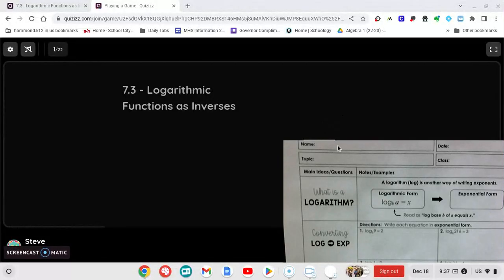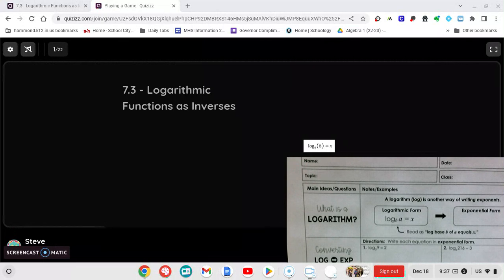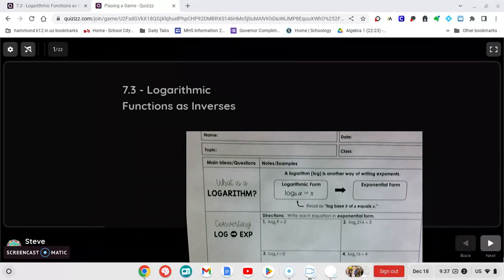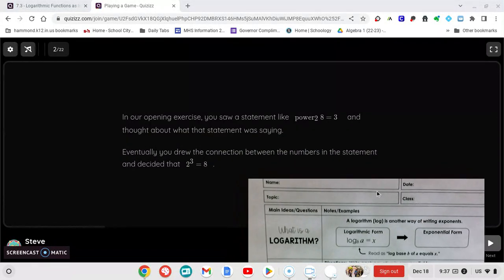So let's go ahead and take a look at section 7.3, the notes for logarithmic functions as inverses. As part of our opening exercise, you worked together in your table groups and considered a statement like "power 2 of 8 equals 3."